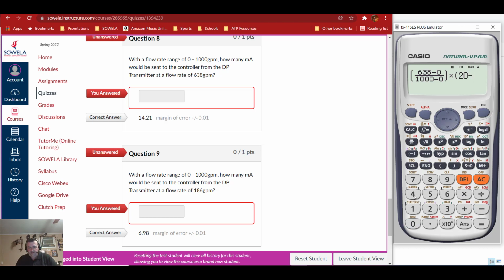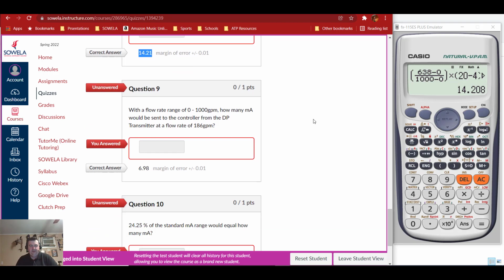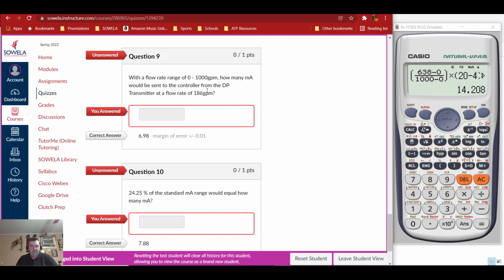Looking for milliamps, 20 minus 4, close, plus 4, equals, hit S to D, and it's 14.208, so that would be 14.21. 14.21 milliamps. And you'll just put the number in the blank. Don't put the milliamps, just put 14.21.